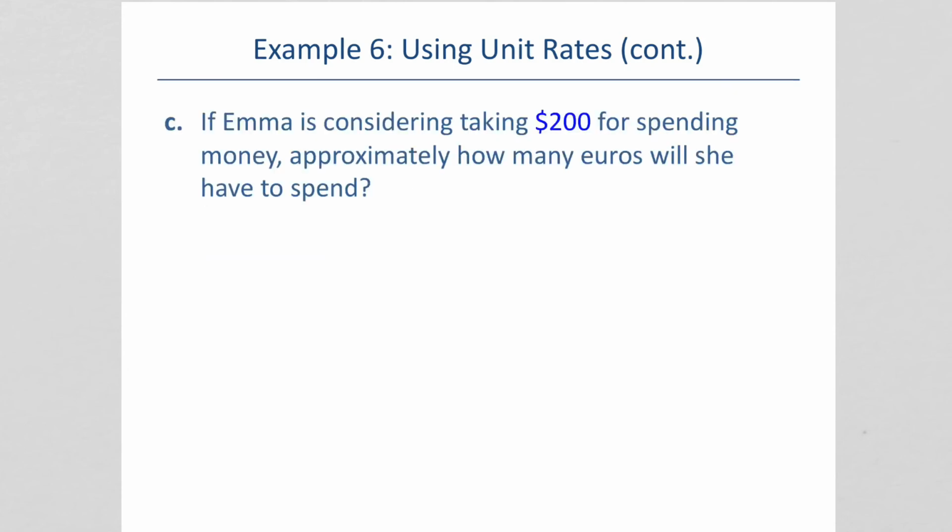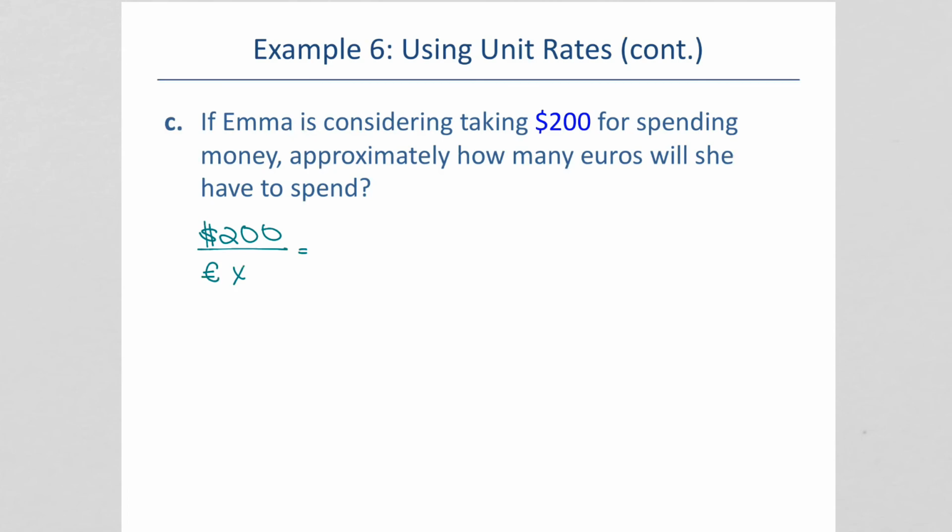It asks us if Emma is considering taking $200 for spending money, approximately how many euros will she have to spend? So she's got $200, and we want to know how many euros. So we'll say x euros. We know we can use either of those unit exchange rates.